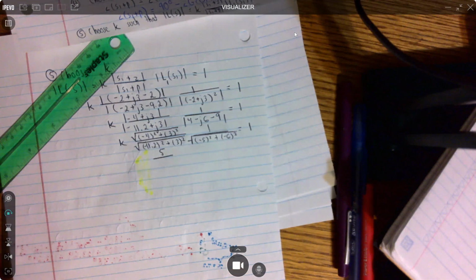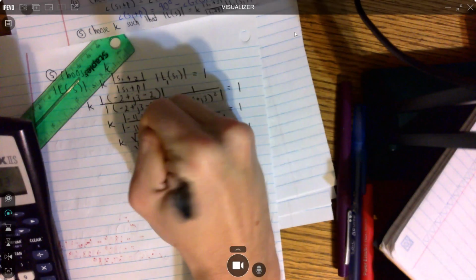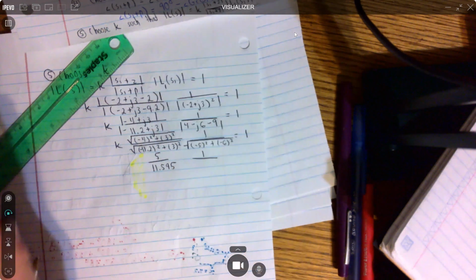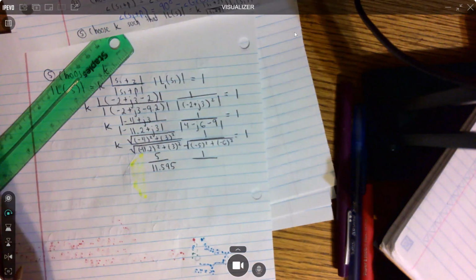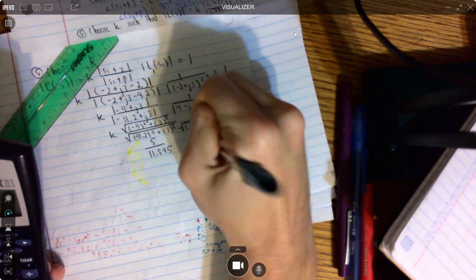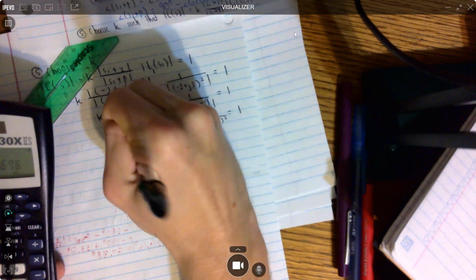So that's a nice number. Then all over our denominator, if we find the magnitude of that, take the square root of 11.2 squared plus 3 squared, what I get is 11.595. And then here I have 1 over the square root of 5 squared plus 6 squared, I have 7.810, and then K, and then it's equal to 1.